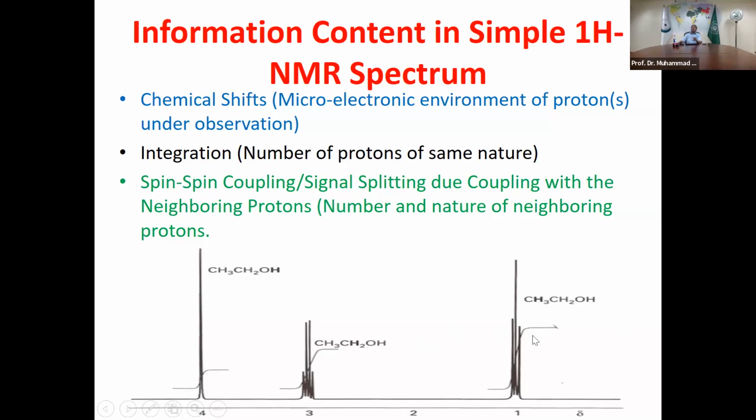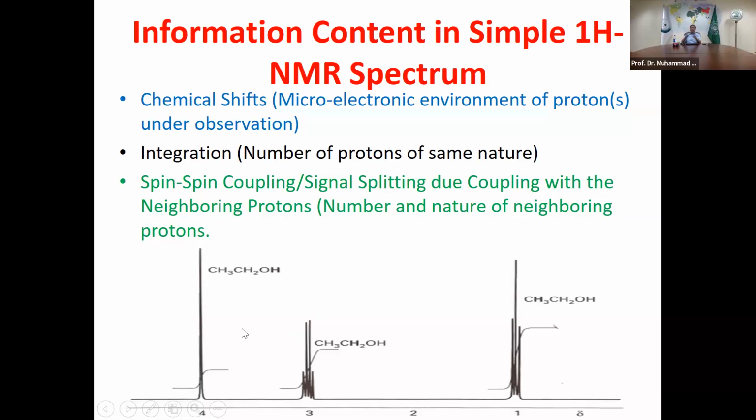CH2 is split, because 3 plus 1, this is a complex signal. So n plus 1 is going to be 4 plus 1, 5.